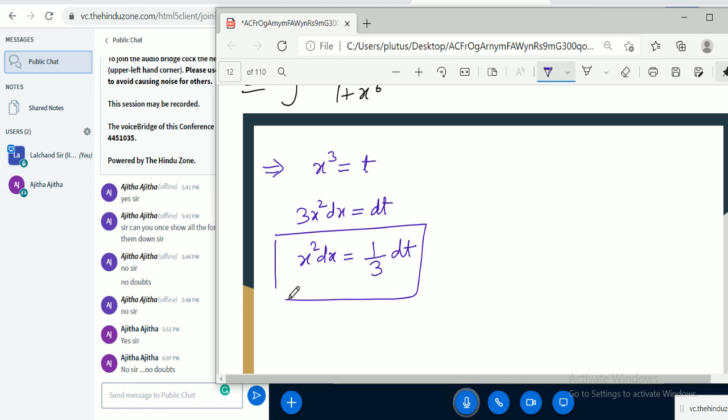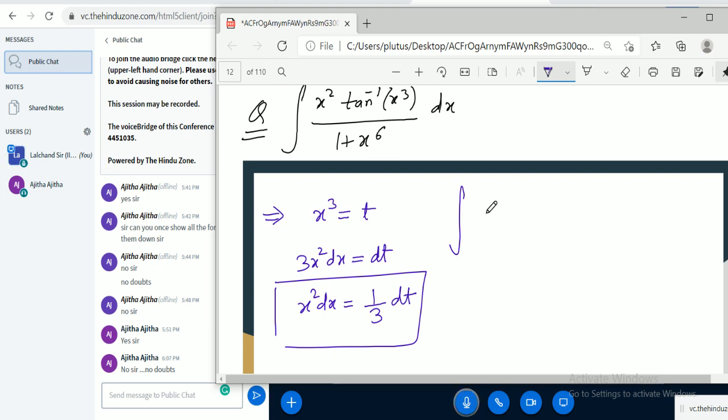Okay. If we substitute this in this equation, then this integral will be tan inverse t upon 1 plus t square into dt, in this integral form. So now tell me, can you integrate now? Now there is again need of substitution. What is the next substitution now?